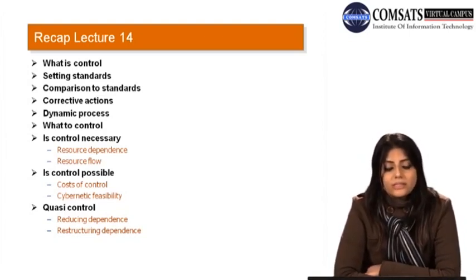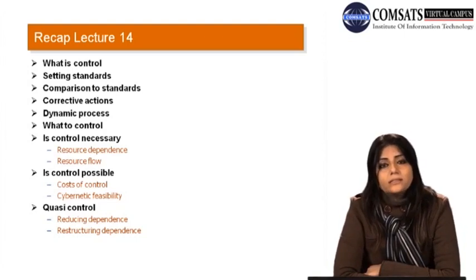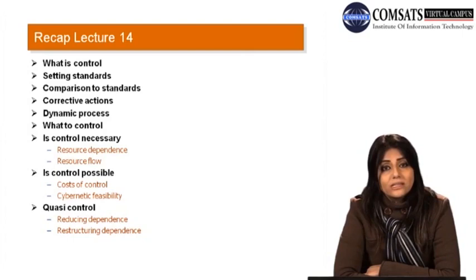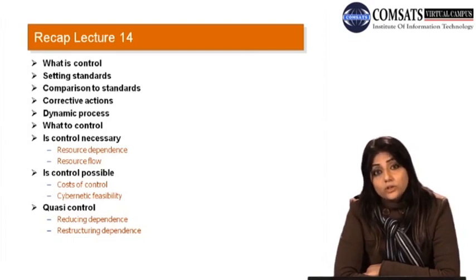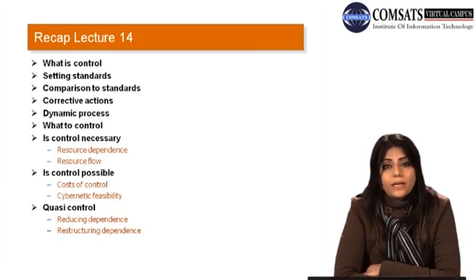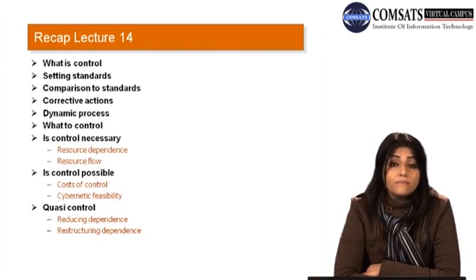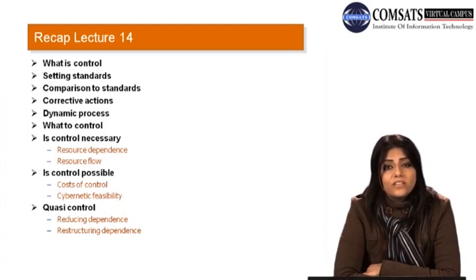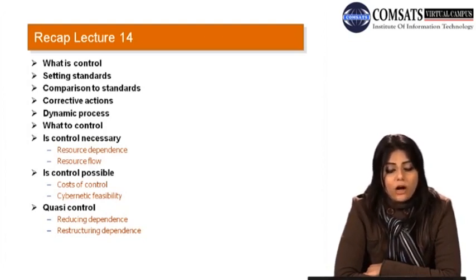Then we had a discussion on cybernetic feasibility: of all the different steps in the control process, if one of the steps is missing, then it is not feasible to exercise control. I gave you the example that in some cases the output that has to be measured in the company, or the nature of the job, is such that the output is not very objective, it is very subjective, or it's difficult to measure the output.